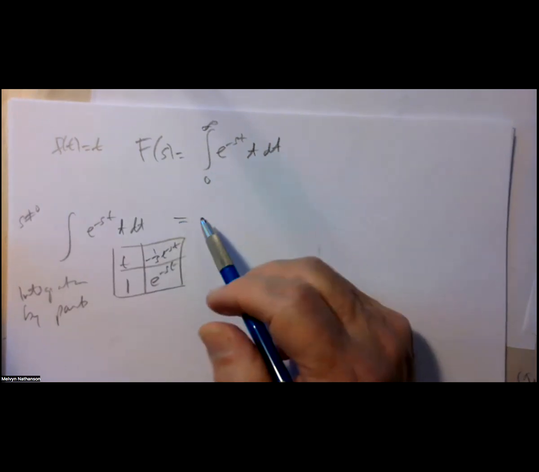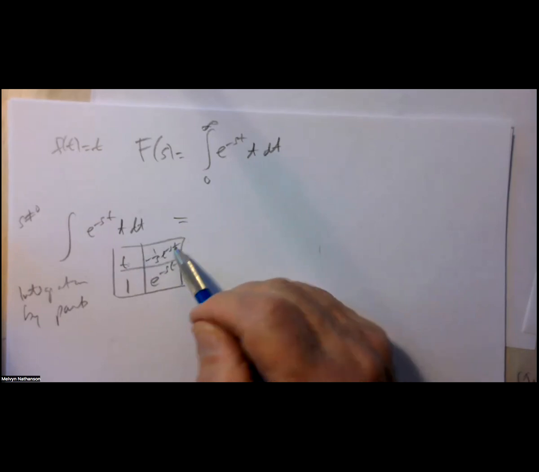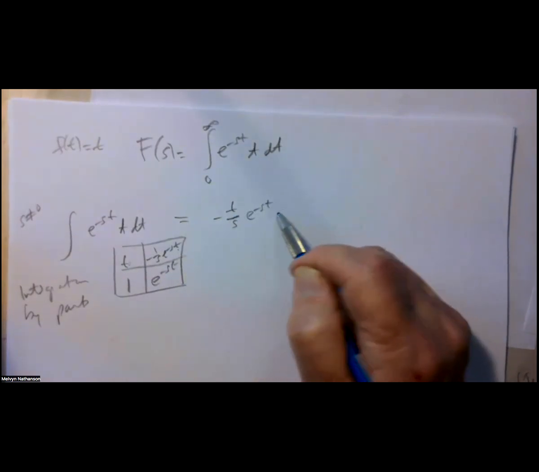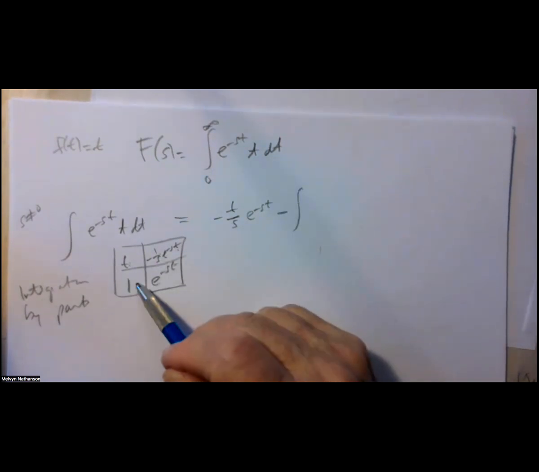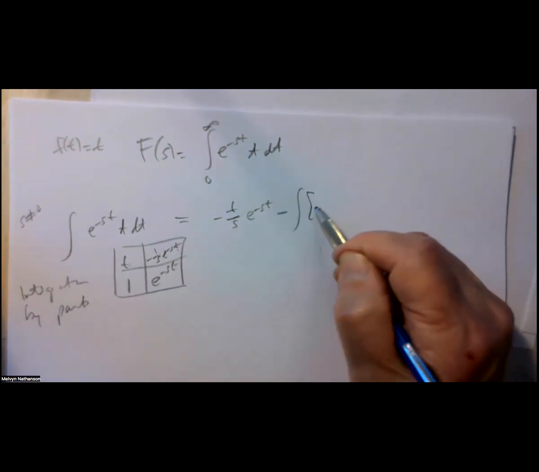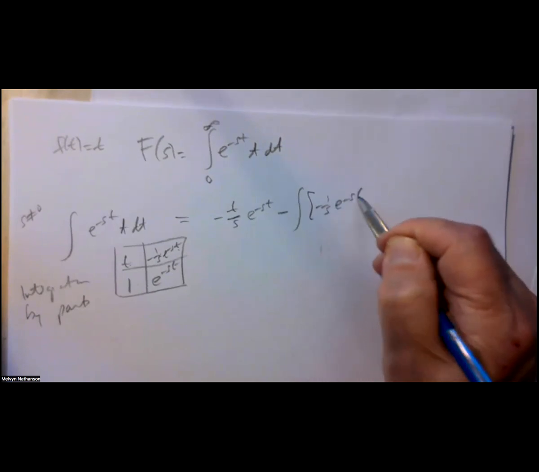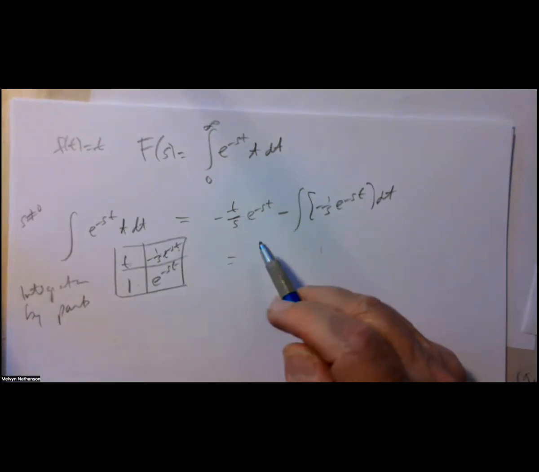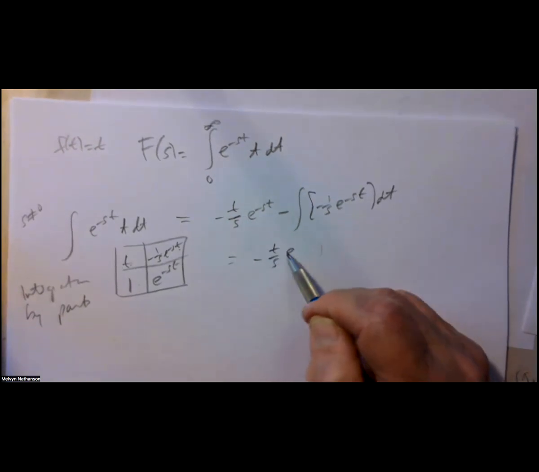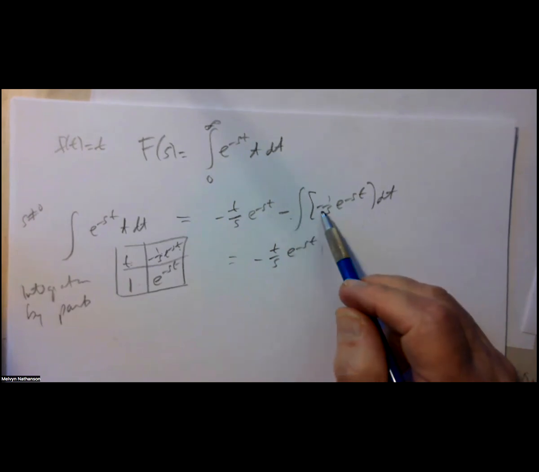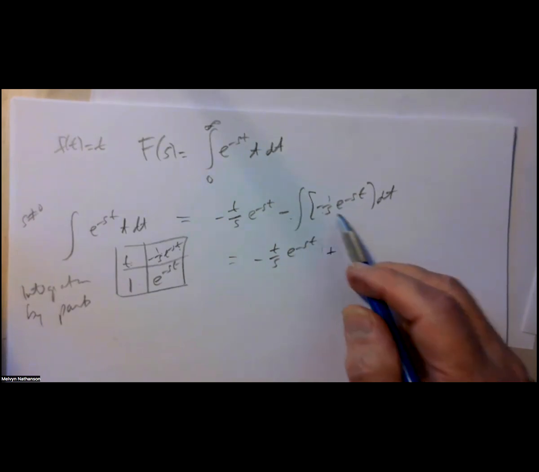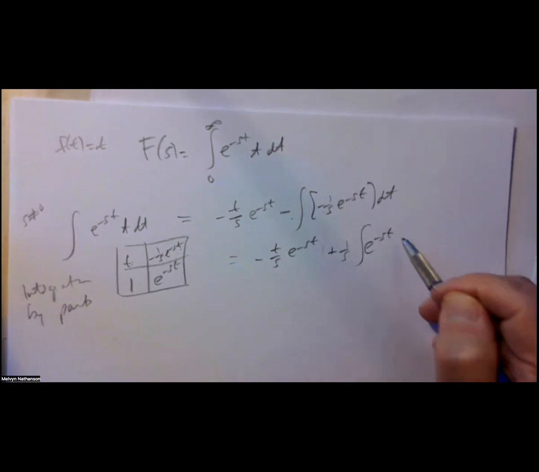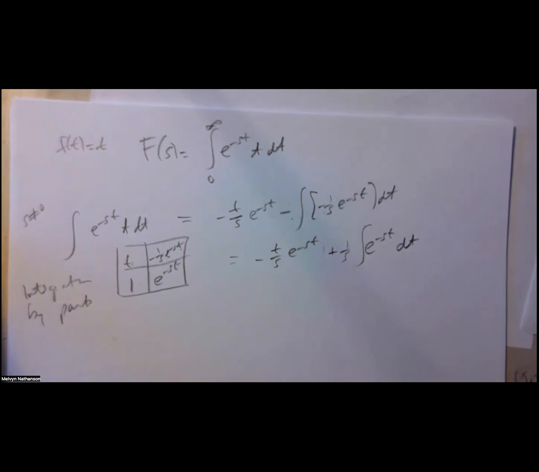So then this integral, the indefinite integral, is this times this, minus t over s e to the minus st, minus the integral of this times this, which is minus 1 over s e to the minus st dt. So this is minus t over s e to the minus st. Minus times minus is plus. I can take the 1 over s outside. Integral e to the minus st dt.